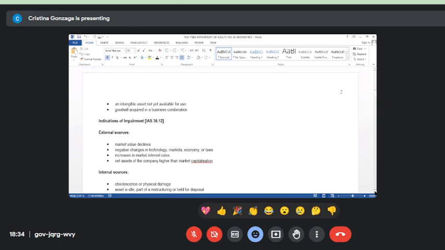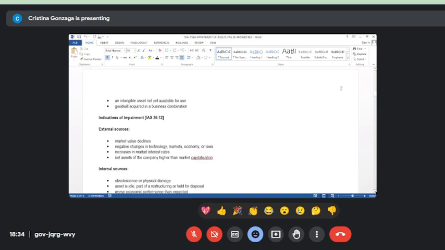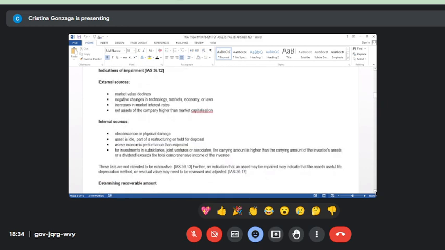Okay. Now what about internal sources? Ano ba yung mga indications? Obsolescence or physical damage. Sabihin natin yung delivery truck. Nagkaroon ng damage because of some kind of accident. Physical damage na yon.